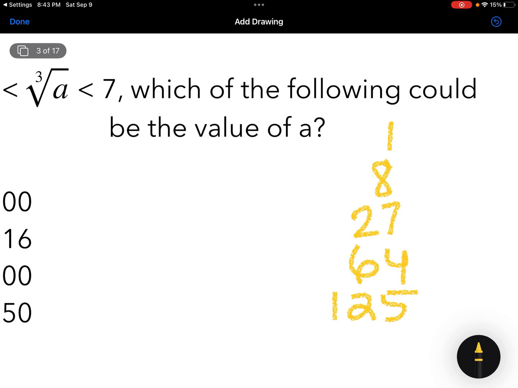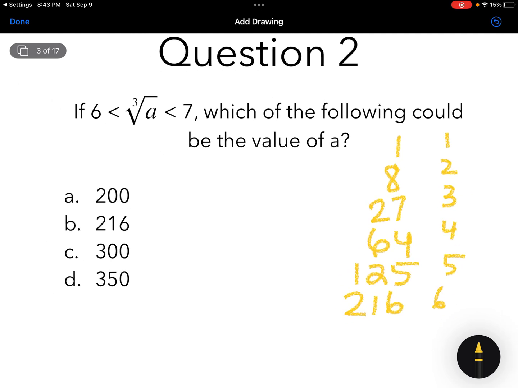Okay, so that's 1, 2, 3, 4, 5. So let's think about 6. I have my calculator available, so I'm going to do 6 times 6 times 6, and I get 216.